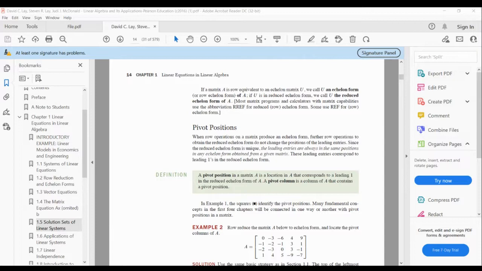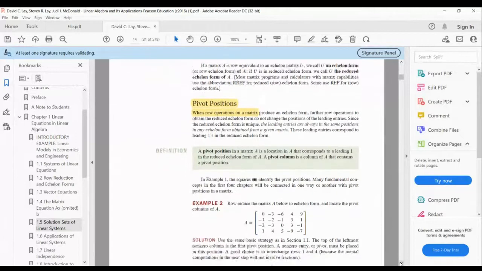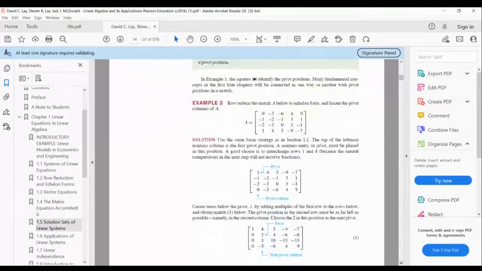Okay, so we talked also a little bit about pivot positions. I don't want to get too hung up on terminology here. Let's just go to example 2. We talked a little bit about what pivots are.